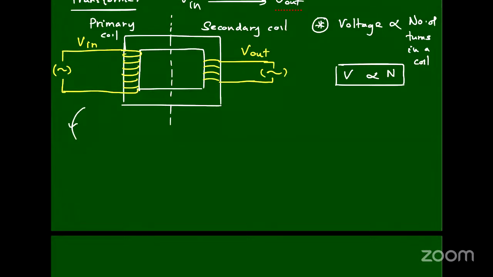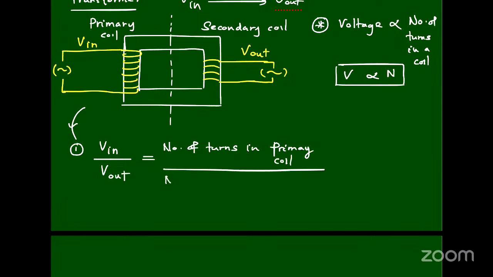So the first equation that you need to remember when it comes to transformers is this: input voltage over output voltage is equal to the number of turns in the primary coil over the number of turns in the secondary coil, right?